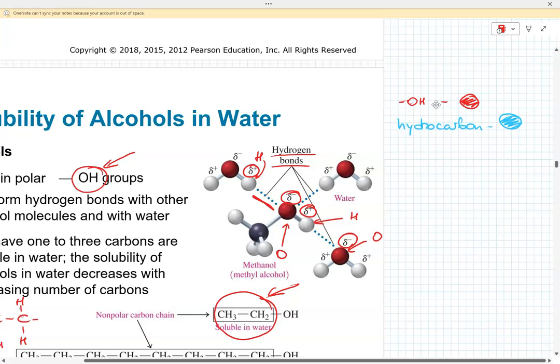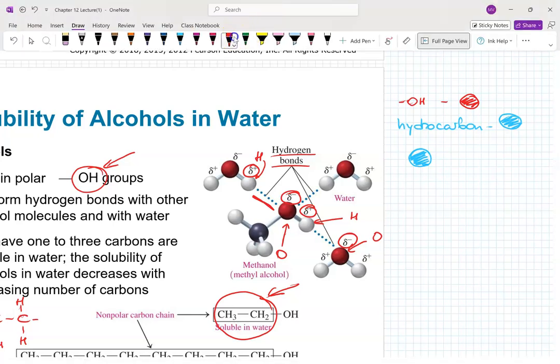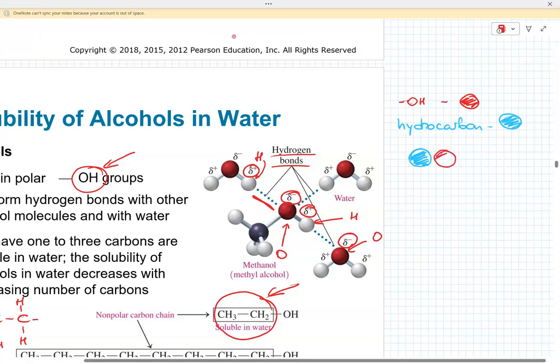Okay? So remember, the hydrocarbon tail is not polar. So if you look at ethanol, which is right here, it has a modest hydrocarbon tail, and it has an OH group. Sounds good?